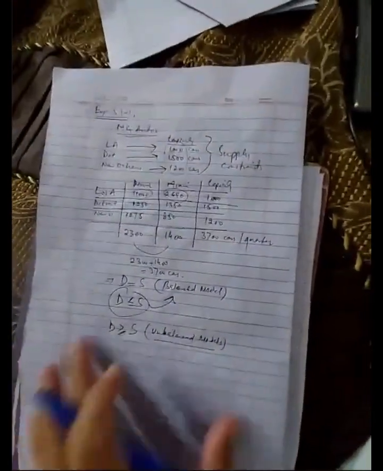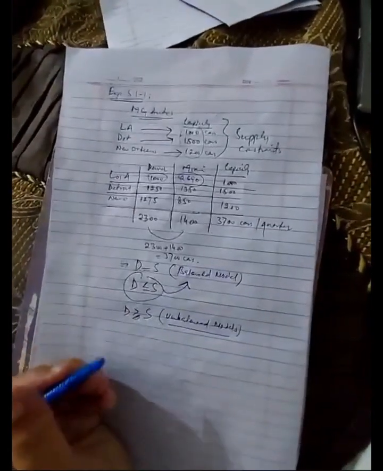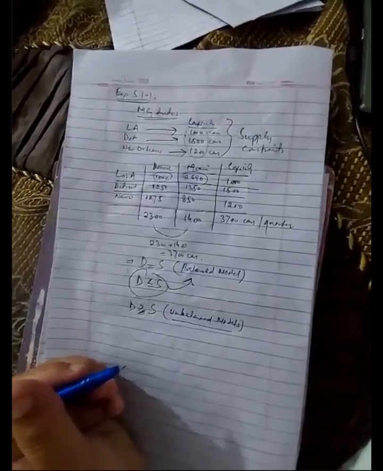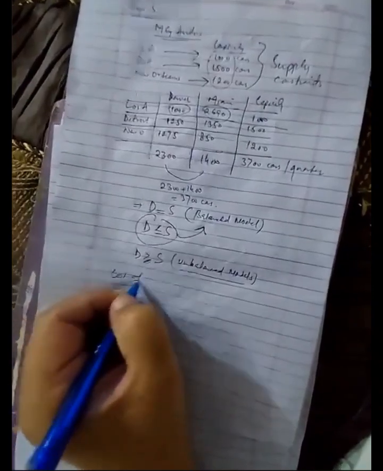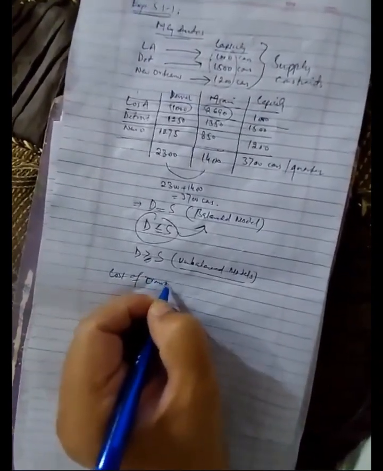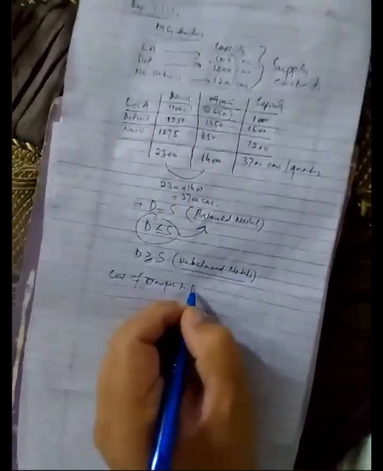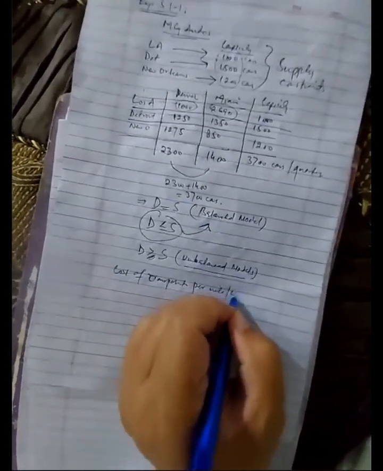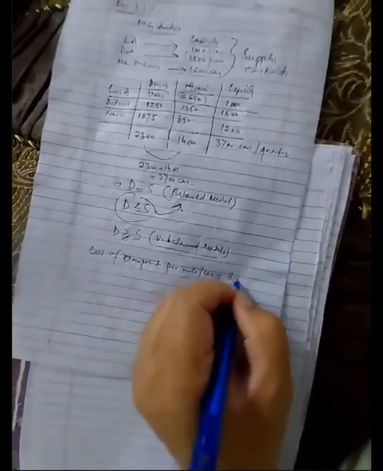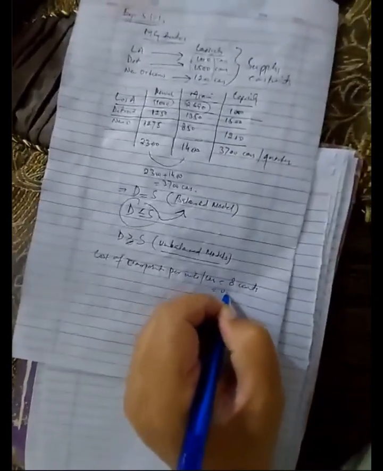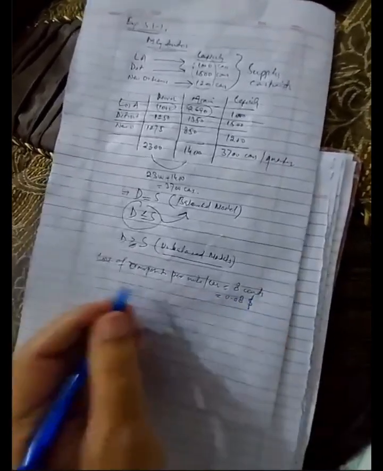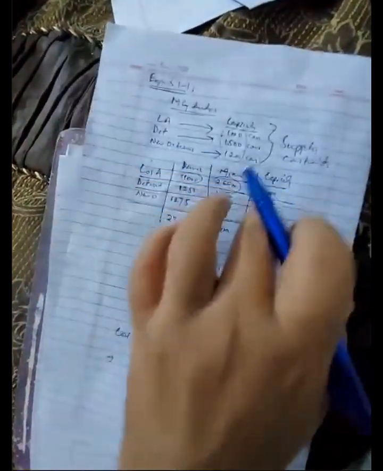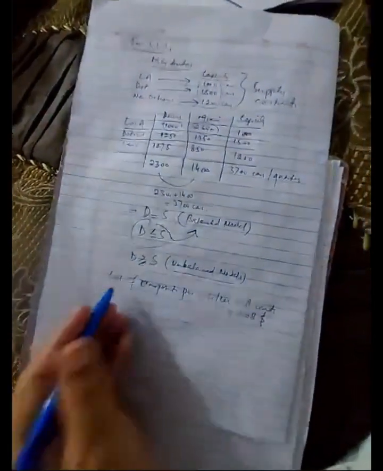Okay, they say that the trucking company in charge of transporting the cars charges 8 cents per mile per car. So the cost of transportation per mile per car is equal to 8 cents, or we can say 0.08 dollars. Okay, now we will convert these mileages into the costs.